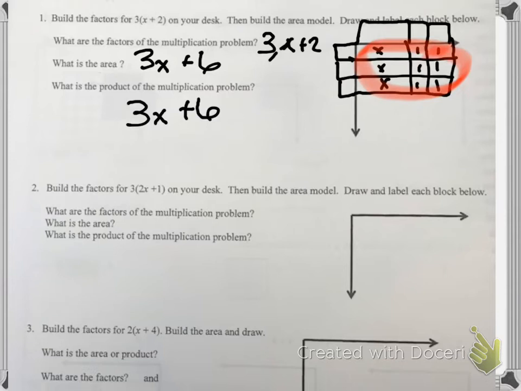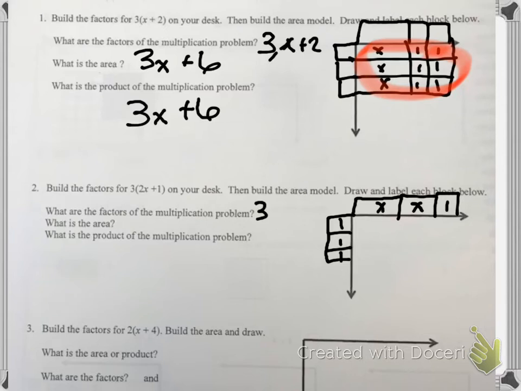For example number 2, we're going to build the factors for 3 times the quantity 2x plus 1. Once again, we're going to have the 3 units. It doesn't matter which way you go. I have 2 x's this time and 1 1 unit. These are the factors.